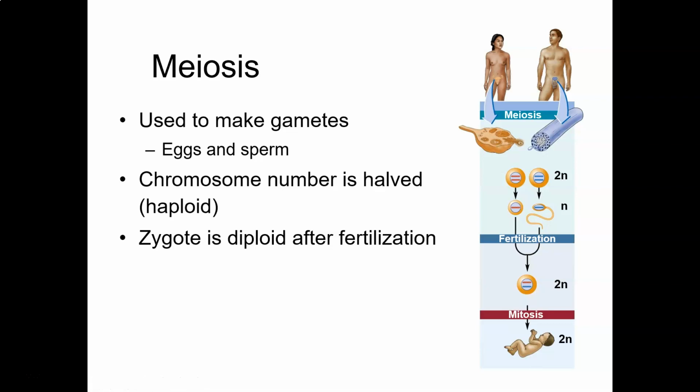So meiosis is a type of sexual reproduction in which the offspring are different from the parents. You are not a clone of your parents.